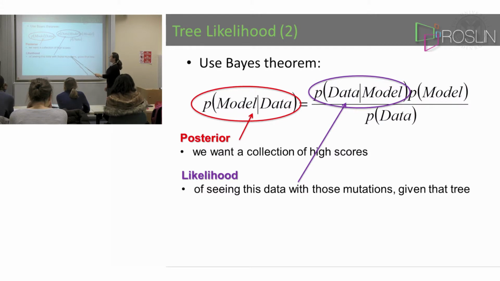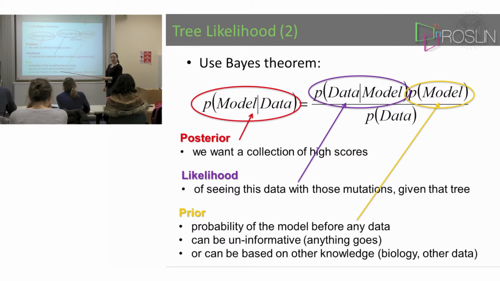There are several mathematical expressions which will allow you to calculate the likelihood of the data given a specific tree. But in order to get this final posterior, we have to have a couple of other quantities as well.